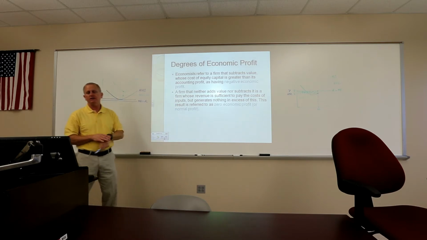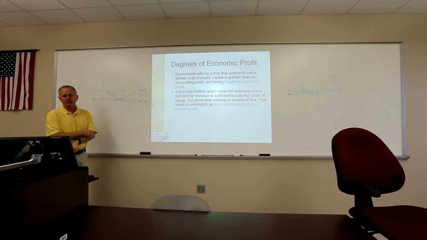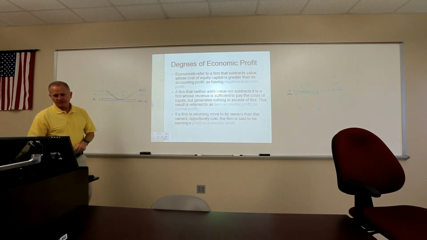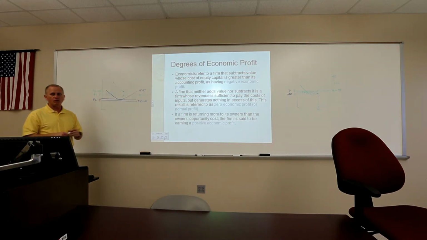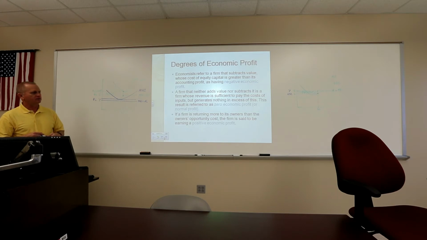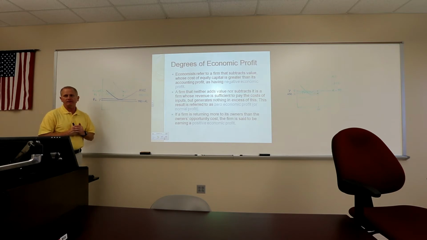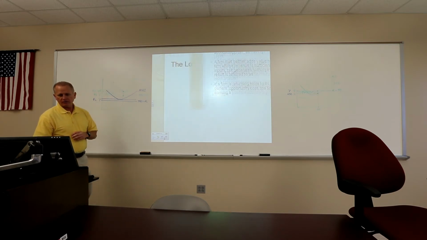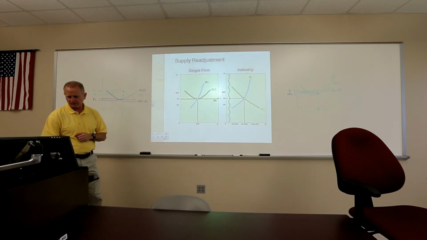That is an example of zero economic profit. If they're earning more than the owner's opportunity cost, they're earning a positive economic profit. So here are the, let me go back, can I have pictures on? No, I didn't.